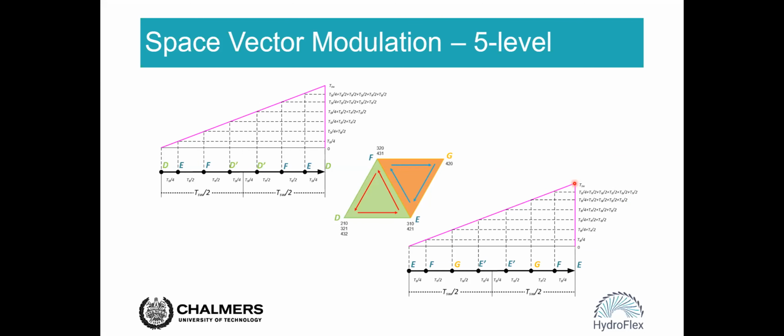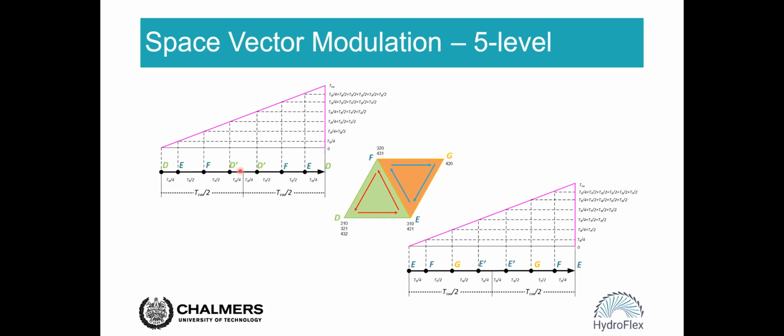If the voltage is located inside the lower triangle, then we can synthesize it with voltage D, voltage E, and voltage F. The sequence starts from voltage D, goes to voltage E, goes to voltage F, goes to voltage D again, and then goes back to voltage F, back to voltage E, and back to voltage D. Basically, it's written here: we start from voltage D to E to F, and to D prime.